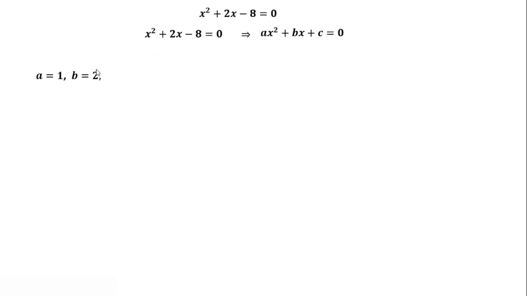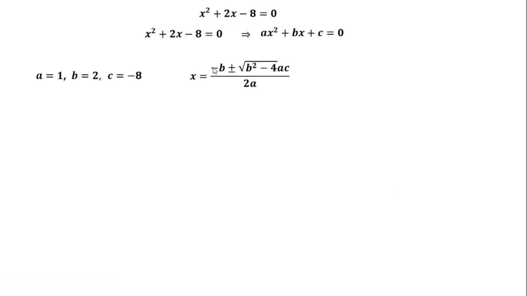So we have b to be 2, and then c to be negative 8. So a is 1, b is 2, and c is negative 8.